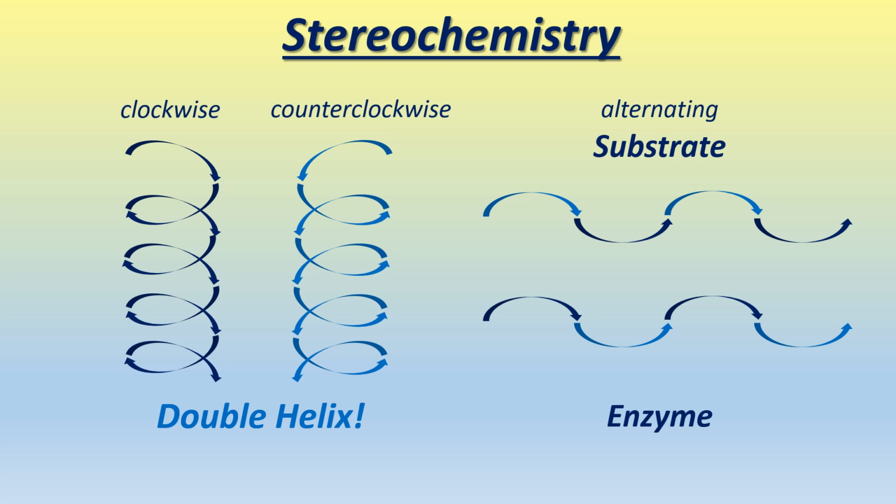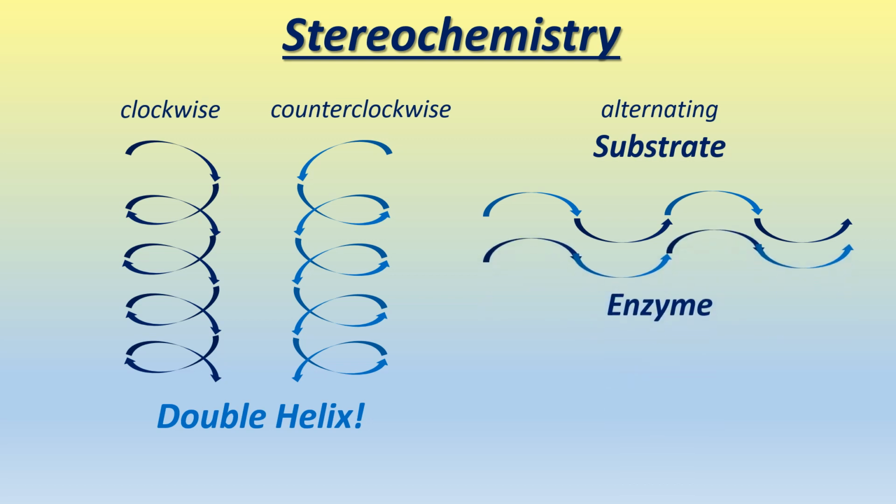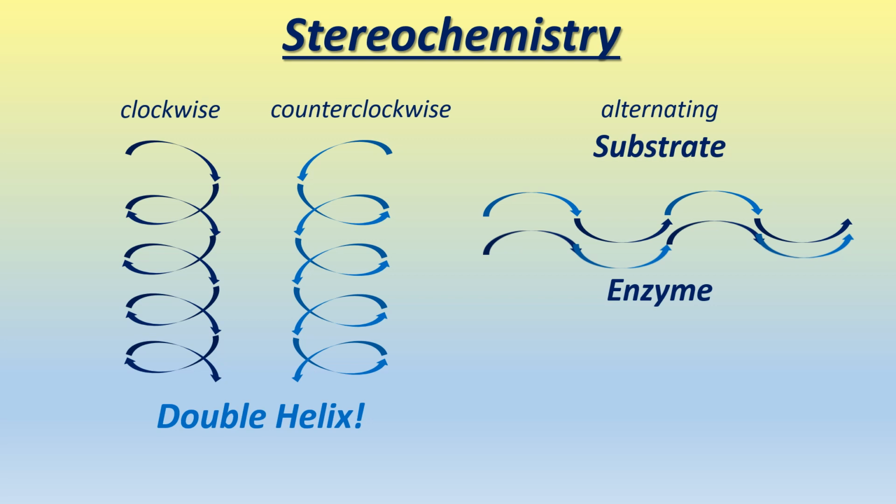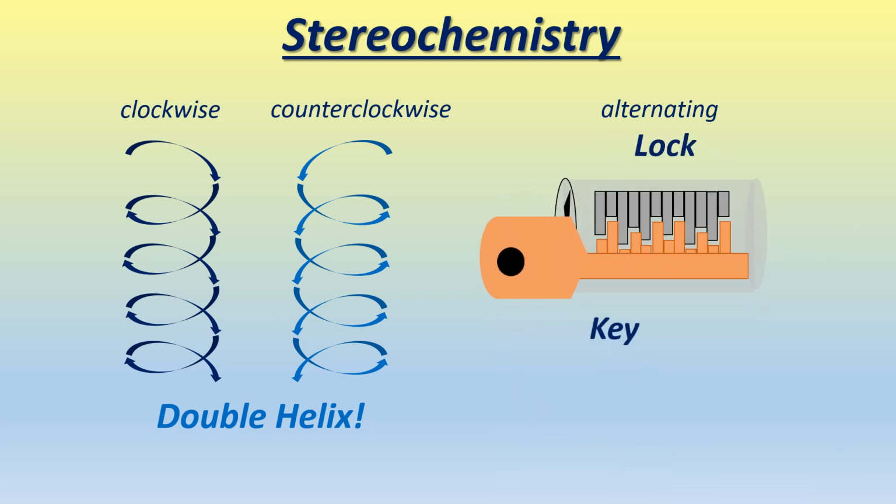As you know, these two molecules will lock together and fit perfectly, essentially forming what is commonly known as a lock and key type of mechanism, where the alternating of clockwise and counterclockwise rotating atoms creates a pattern that can only be matched with its mirror image.